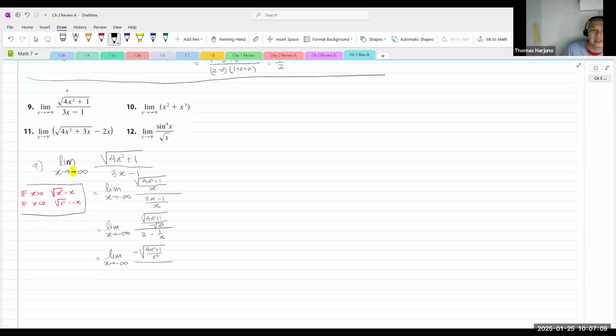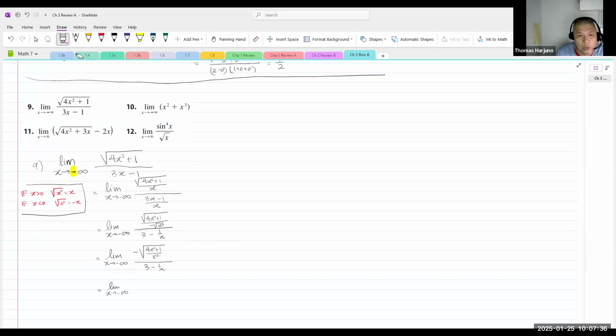This is because the x is negative, going to negative infinity. If x is going to positive infinity, then you just replace the x by the square root of x squared without the negative. Now here I cannot plug in infinity right away because, according to order of operations, it will give me infinity over infinity, which is undecidable.